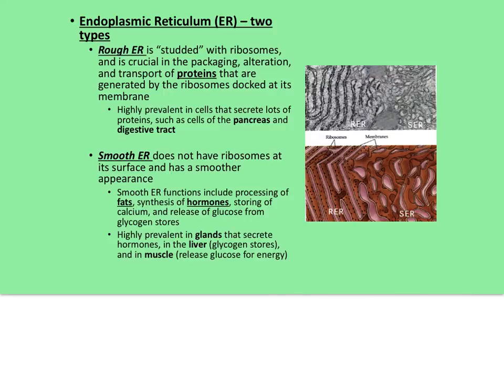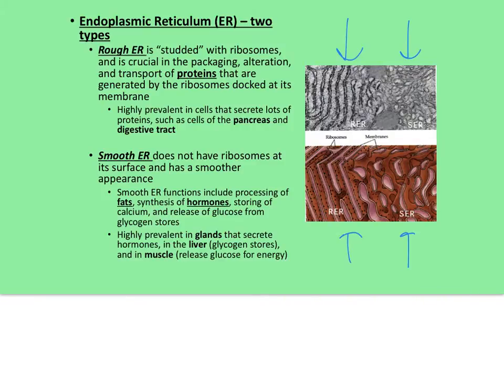Now, there are two types of endoplasmic reticulum that you might remember, and you can see them here in this cartoon, and then also an actual real electron micrograph picture from a real cell. You've got a rough ER and a smooth ER. The rough ER looks rougher under the microscope, and it looks rougher because the rough ER is where you see ribosomes attached.